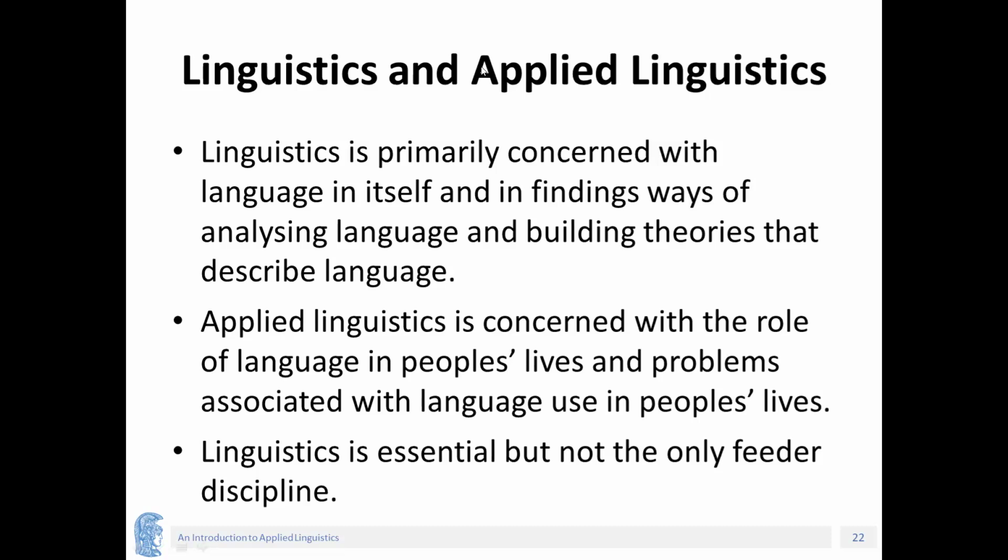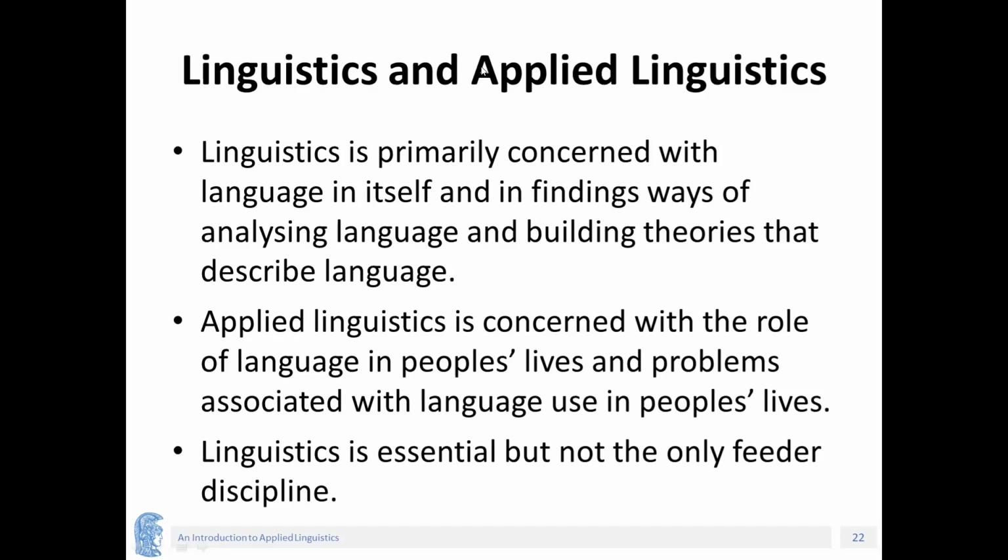Linguistics and applied linguistics. Linguistics is primarily concerned with language in itself and with finding ways of analyzing language and building theories that describe language.